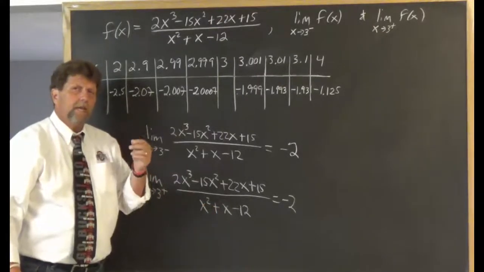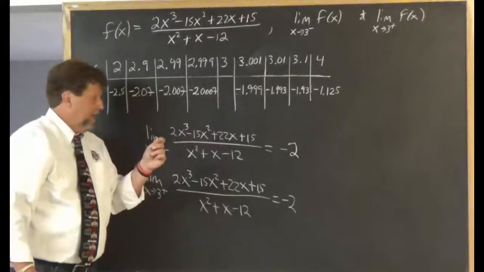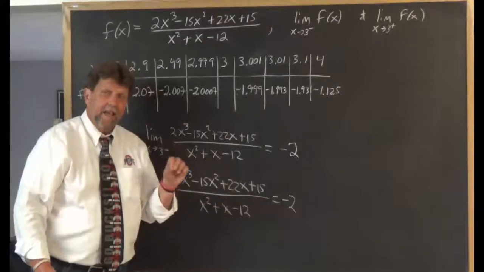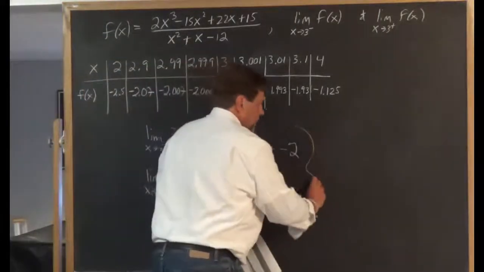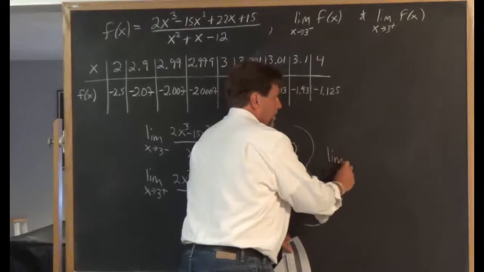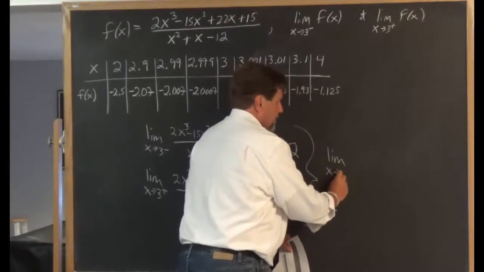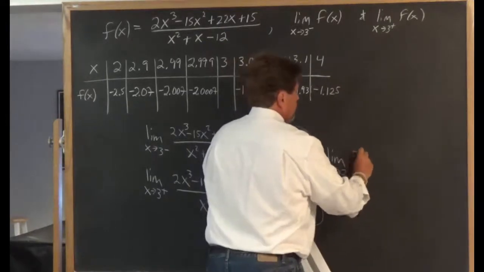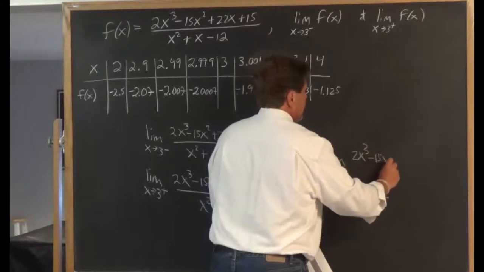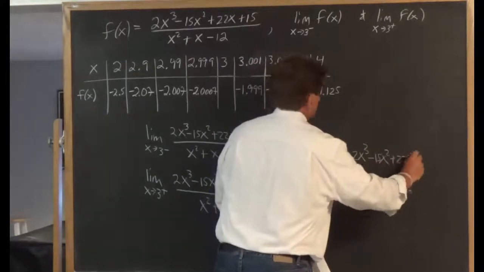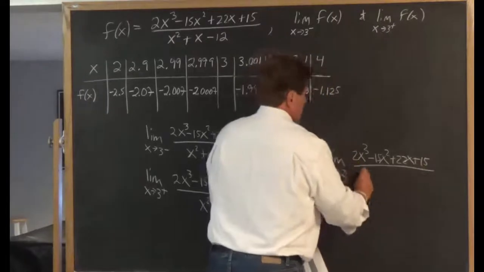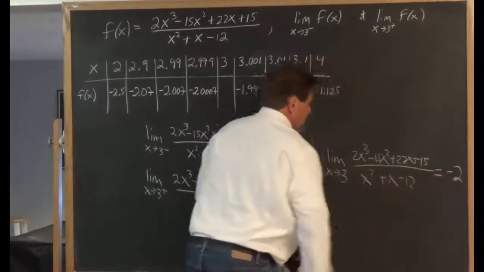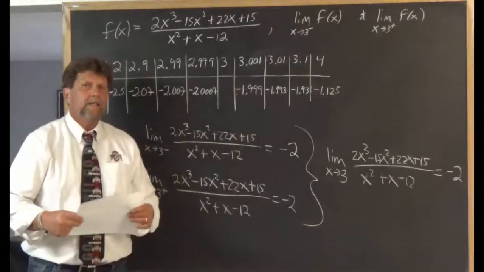What we are going to see when we head back to the slides is that because the left side limit and the right side limit are exactly the same, we can say that the limit as x approaches 3 of 2x cubed minus 15x squared plus 22x plus 15 over x squared plus x minus 12 is negative 2.